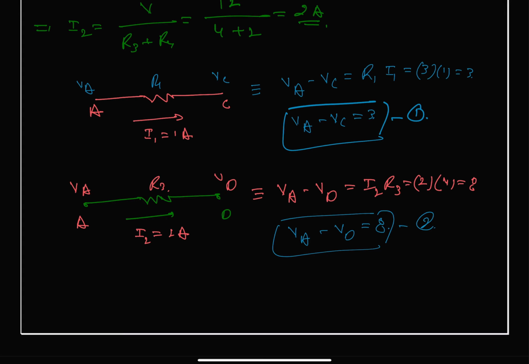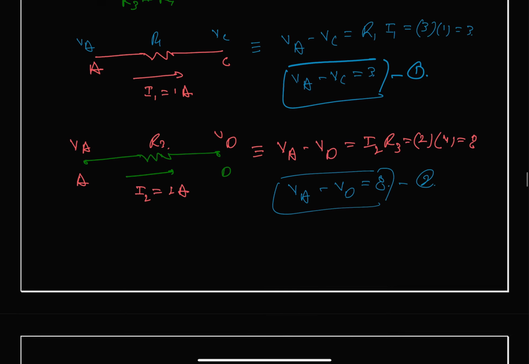So if we subtract equation 1 and 2, we can easily get VC minus VD.